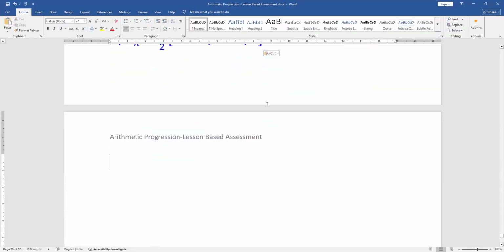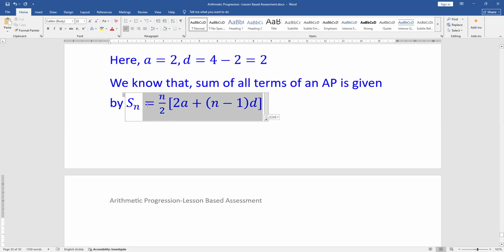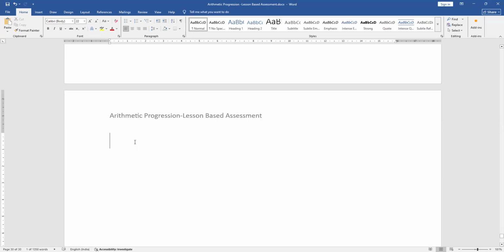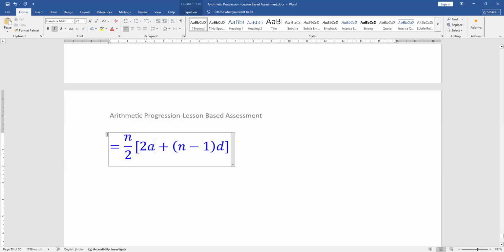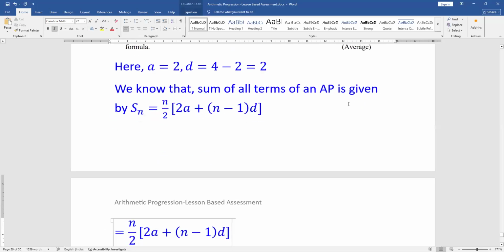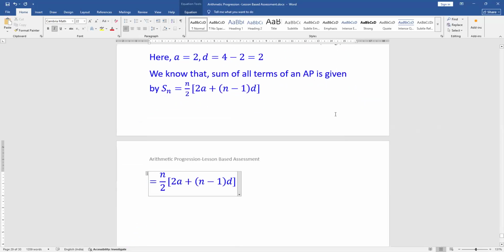Okay. So I just copy this formula again. And then, what is the value of a here? Here the a value is 2. Just zoom in a minute. Okay, now here the a value is 2. Next, n value is not there. What is the d value? It is 2. Okay.